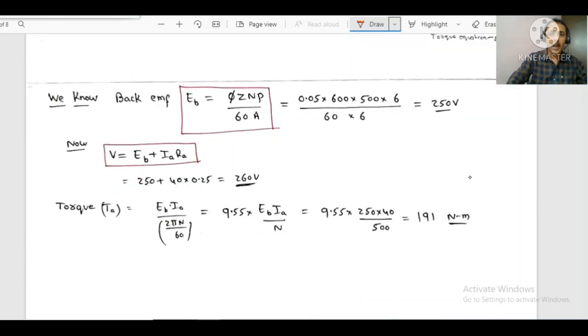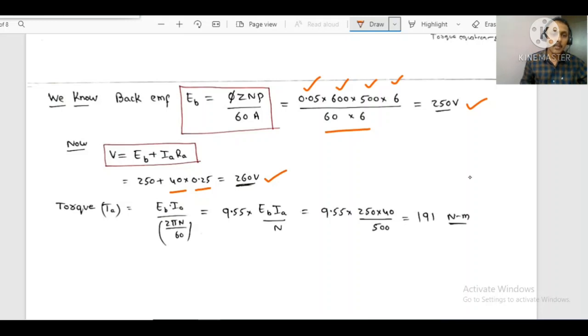Now we know the formula for back EMF. EB equals phi Z N P by 60A. Substituting 0.05 into 600 into speed into 6 divided by 60 into 6, we get 250 volts. But what about terminal voltage? V equals EB plus IA RA. Armature current is 40, armature resistance 0.25 ohm, therefore it is simply 260 volts.